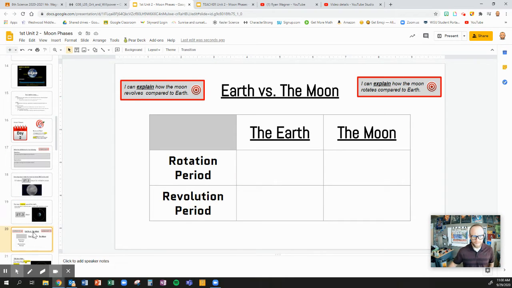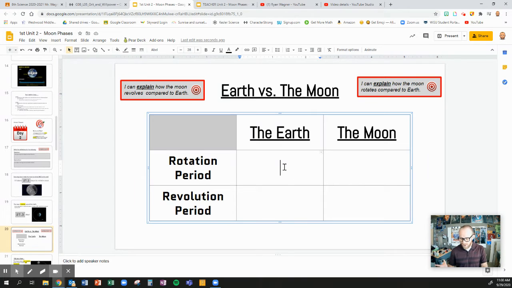So let's go to 20. So I can explain how the moon revolves and how it rotates compared to Earth. So the rotation period, again, that's just how long it takes to rotate once. So for the Earth, it's 1 day, which is 24 hours. For the moon, it takes 27.3 days to rotate once. Okay? How about the Earth? How long does it take to revolve?